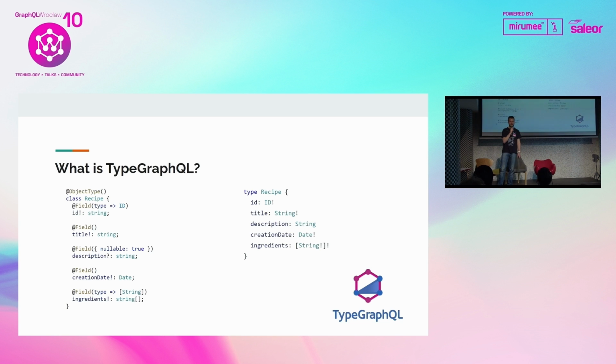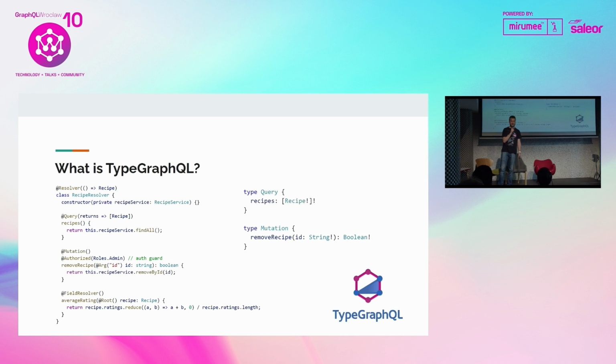Because of some limitations of the TypeScript compiler, we need to kind of duplicate the nullable for the optional fields. And the main thing that TypeGraphQL is doing is generating the types that correspond. For example, in this example of class Recipe, it creates the object type which corresponds to the type Recipe from the SDL you can see on the right.